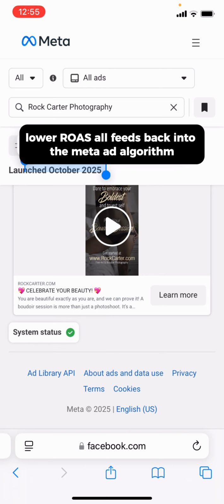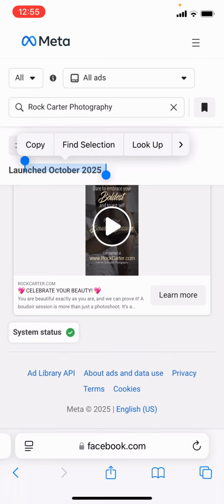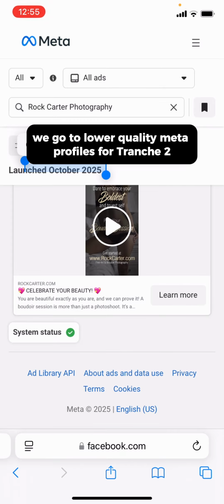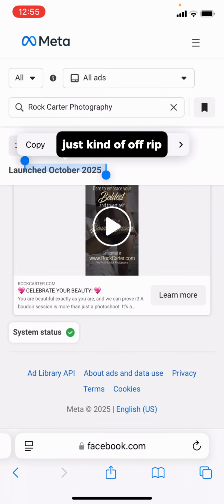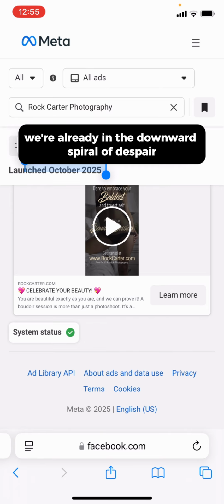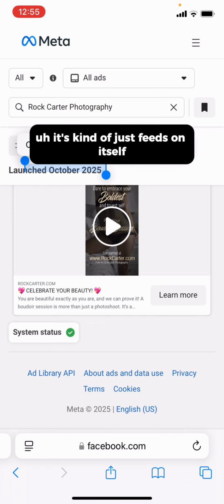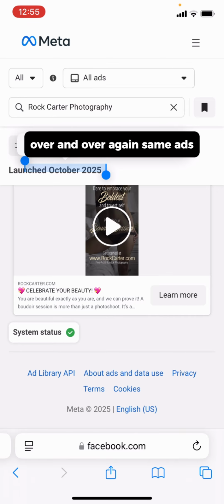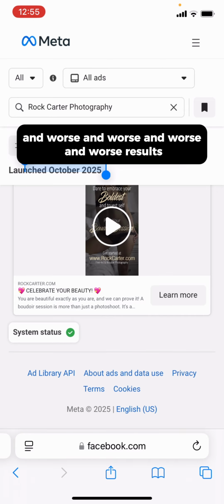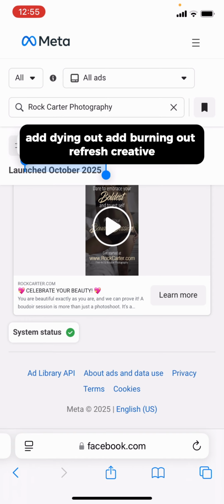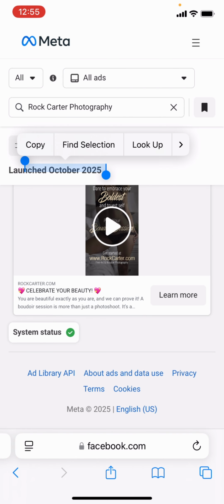It all feeds back into the Meta ad algorithm, and we go to lower quality Meta profiles for tranche 2. So just off the bat, we're already in the downward spiral of despair. It feeds on itself over and over again: same ad spend, worse and worse results, ad dying out, ad burning out, refresh creative.